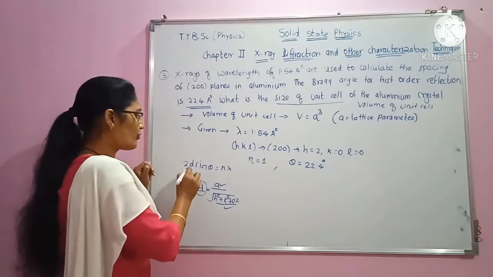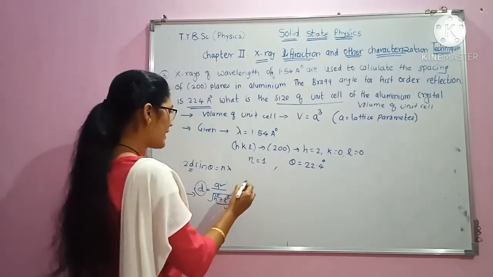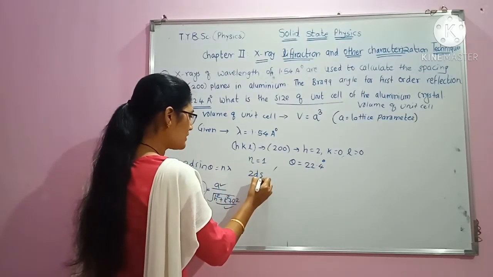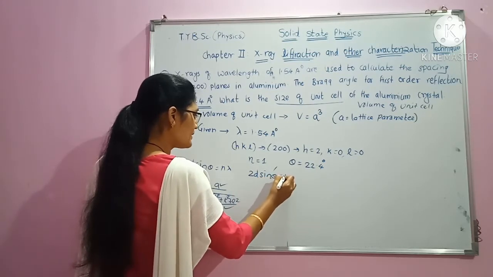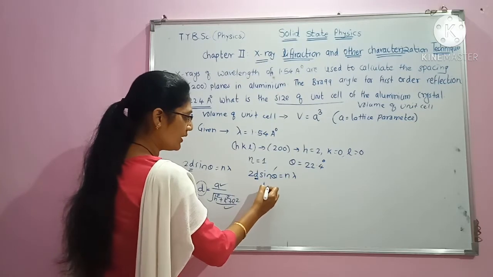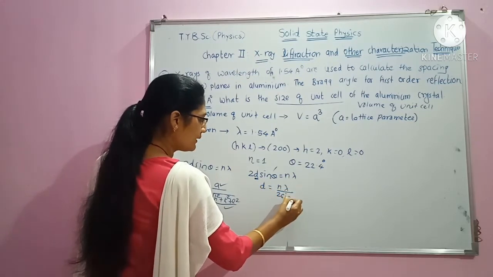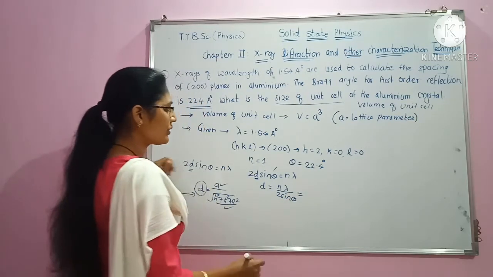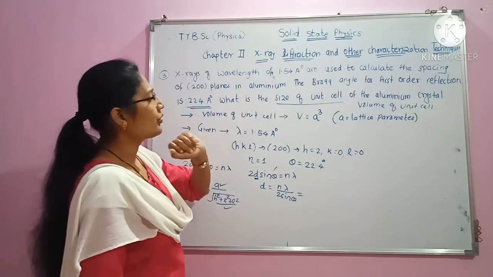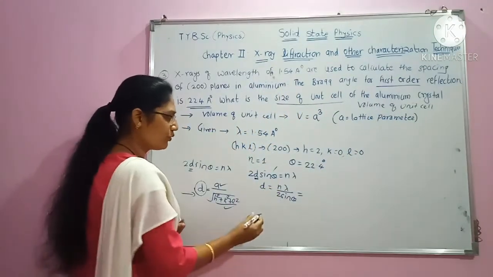So let's find the value of d first by using Bragg's law. Bragg's law is given as 2d sin theta is equal to n lambda. So we have to calculate the value of d. d is equal to n lambda upon 2 sin theta. But for first order, the n value is equal to 1.